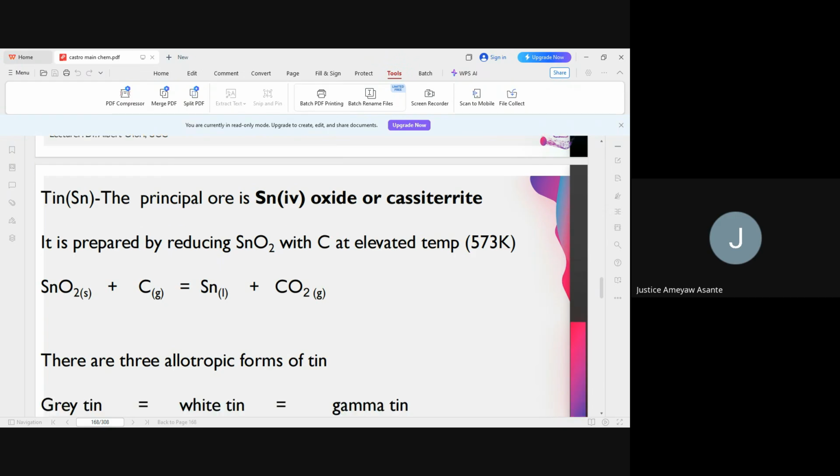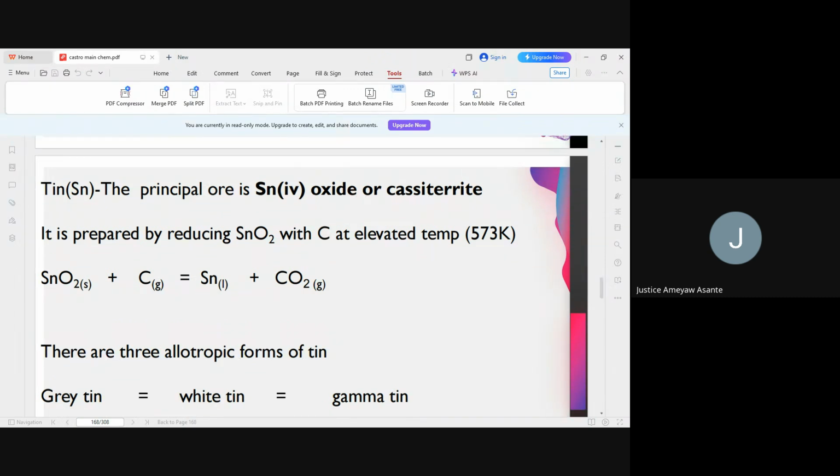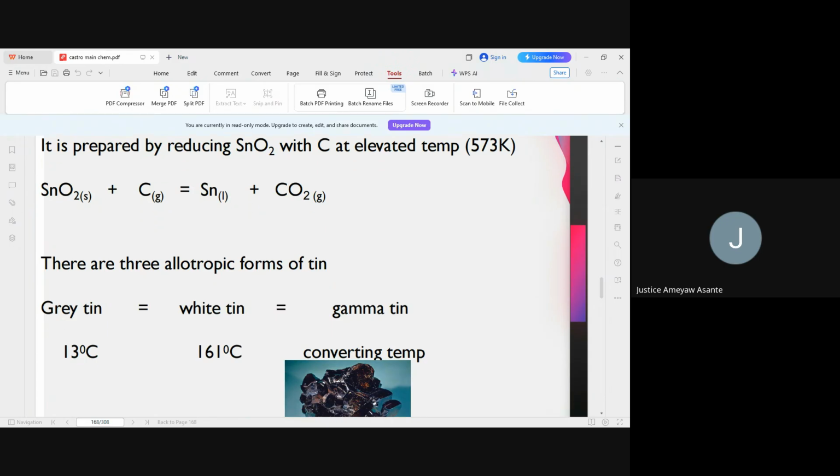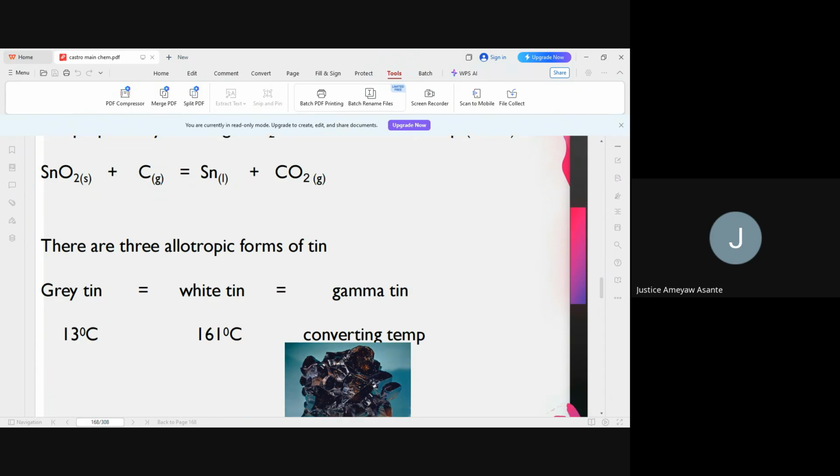The principal ore of tin is tin(IV) oxide, or cassiterite. It is prepared by reducing tin(IV) oxide with carbon at elevated temperature. So we have the tin(IV) oxide plus carbon, and it will reduce to the tin.